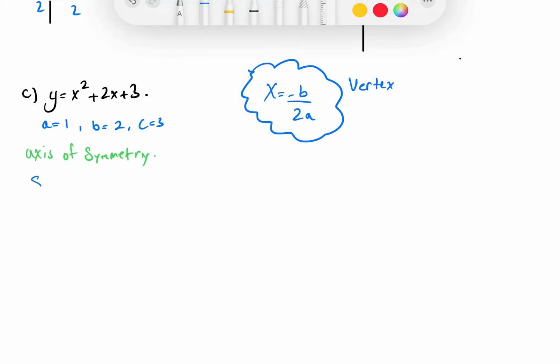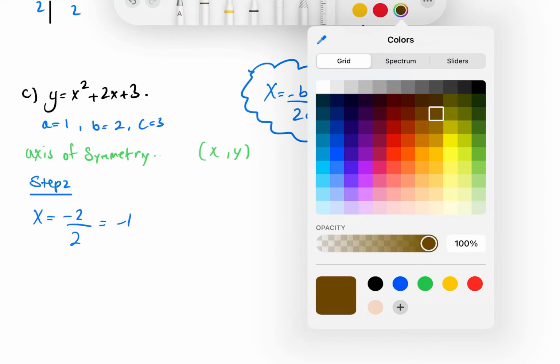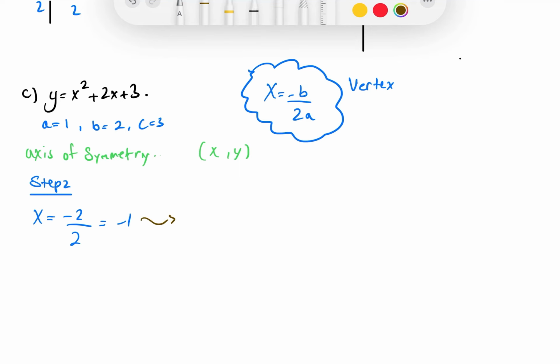So step 2 is to plug in the values that you have into that formula to find the x coordinate of the vertex. Because as you know, the vertex has two coordinates, the x and y. Now, let's go ahead and find the x coordinate. It's going to be -2, because b is 2, over 2, so it's -1. Now, in order to find the y coordinate of the vertex, all you have to do is plug this into your function.